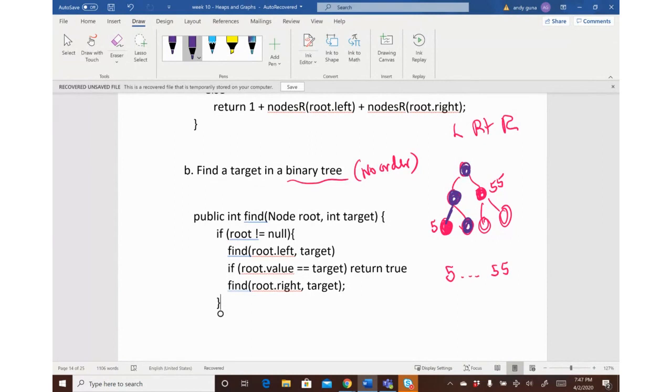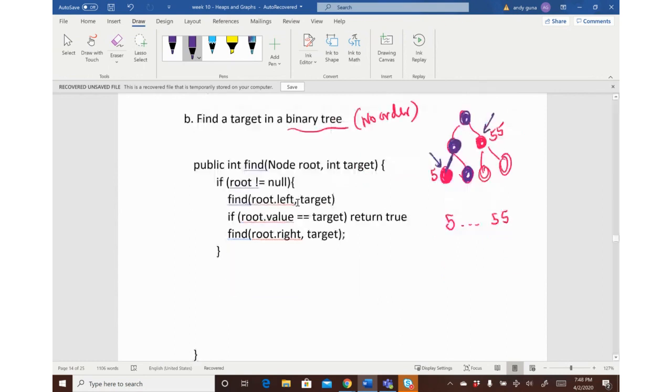And those are the elements. So you're really looking for elements that are between 5 and 55. In order to do that, you have to do a traversal between the starting place and the end place. So if you do the in-order traversal from node 5 to node 55, you might be able to find all the nodes in that range. So that's an operation on binary trees.